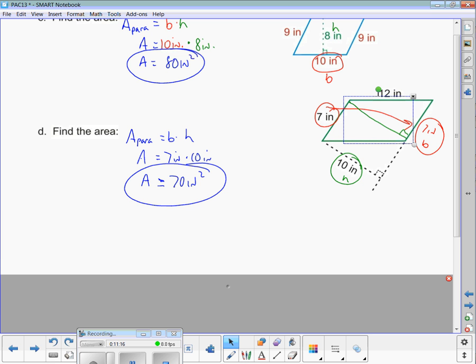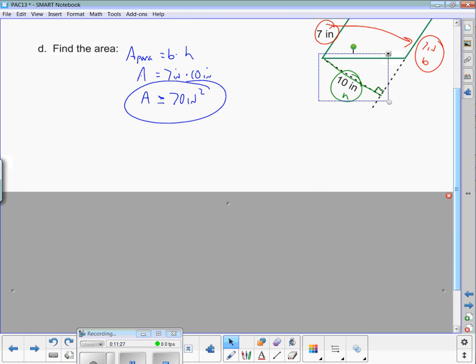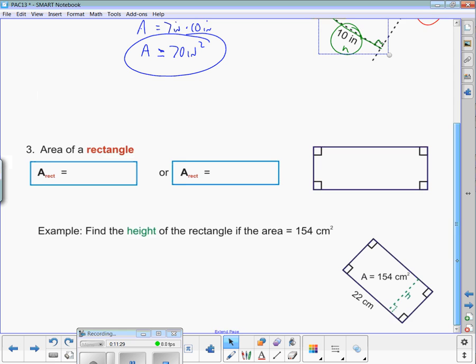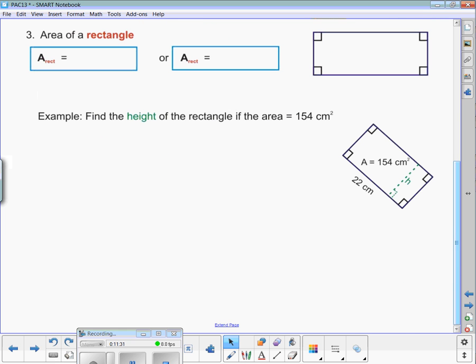And opposite sides of a parallelogram, by the way, are always the exact same value. Okay, let's move on to area of a rectangle. Now, a rectangle is just a parallelogram. So would you believe the formula can be base times height? And that's what I recommend. That's easy. Same thing, right?